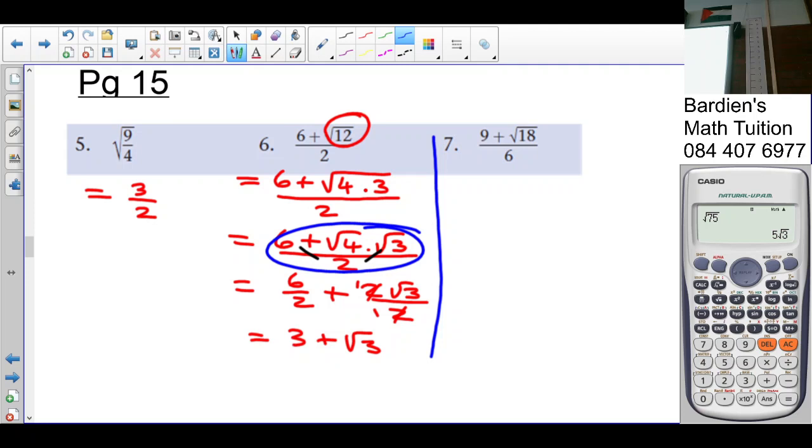Okay, this is another way of doing it. So the 18 can be written as 9 times 2 over 6. What's the next step we need to do? Root 9 times root 2. Break that up.